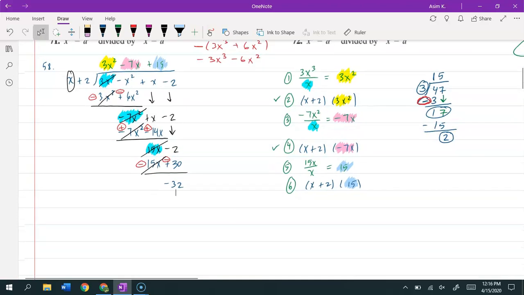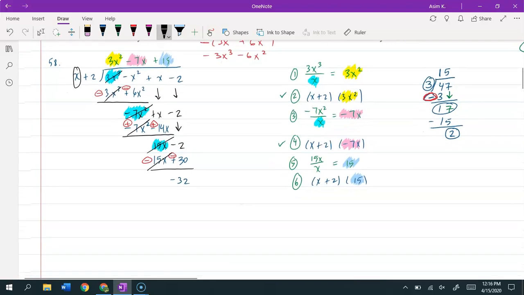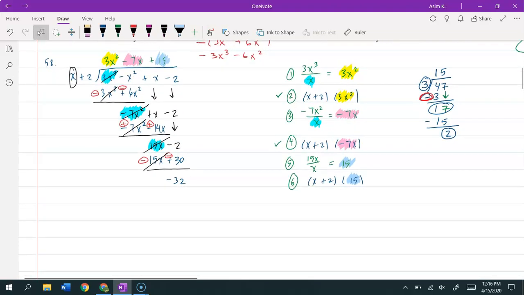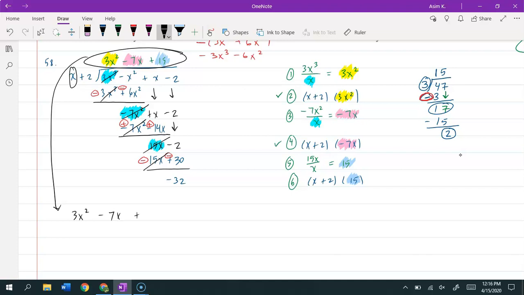So how do you write out your result when it comes to polynomials? Well, here goes. First thing you do is you take everything that you had in that spot and you bring it forward, all right? So you'll have 3x squared minus 7x plus 15, right? That's everything in your quotient. But then to that, you have to actually put the negative 32, right?